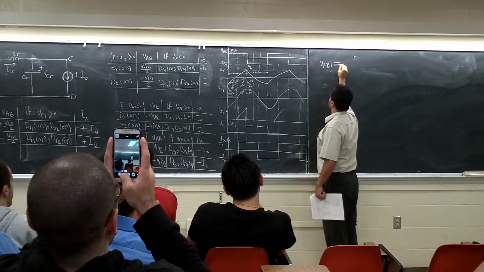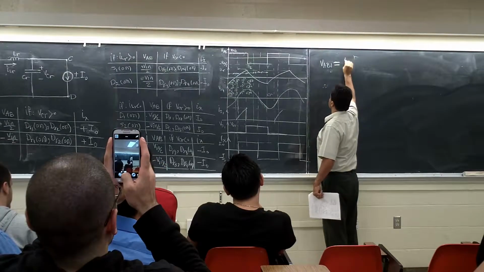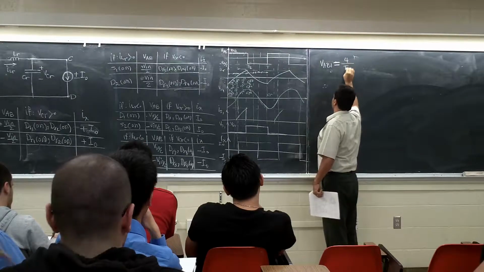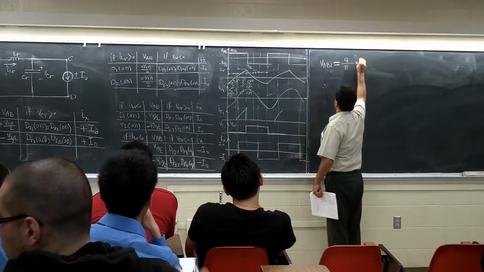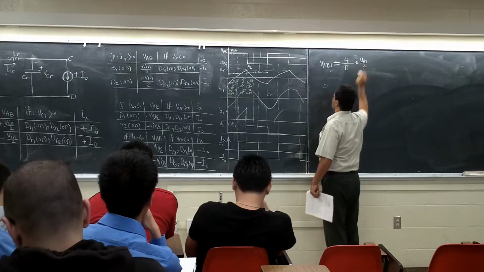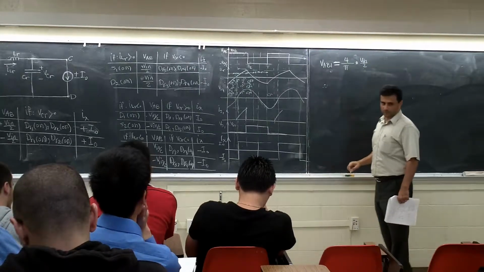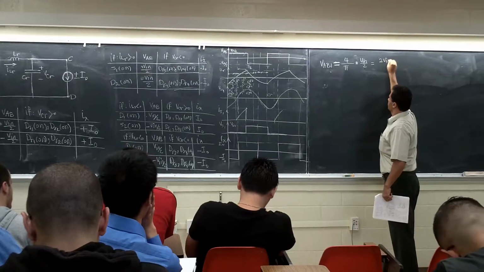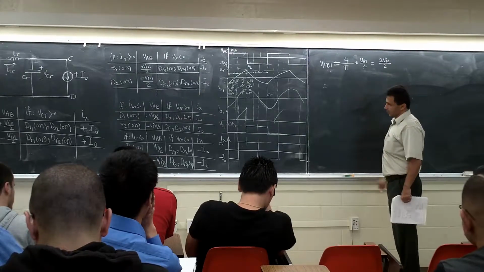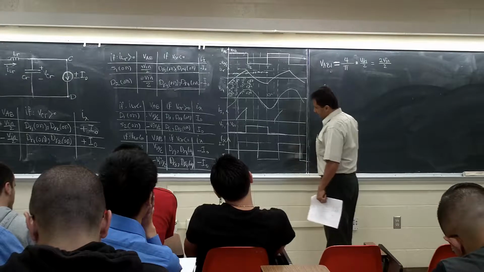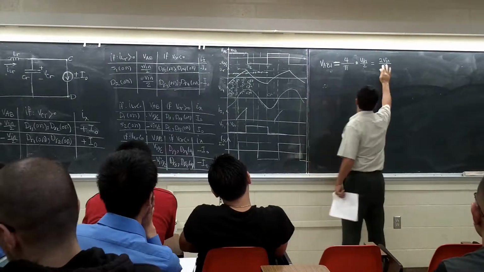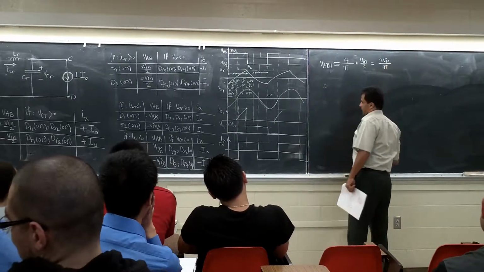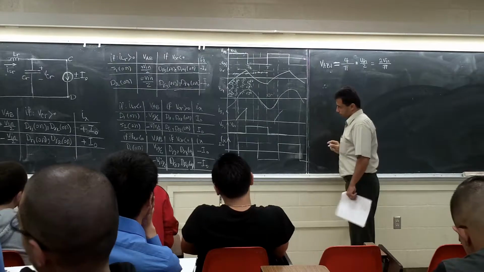Guys, tell me. 4 over pi times, right? That's the fundamental of that one. So it's going to be 2 Vin over 2, sorry, over pi. Over pi, right.